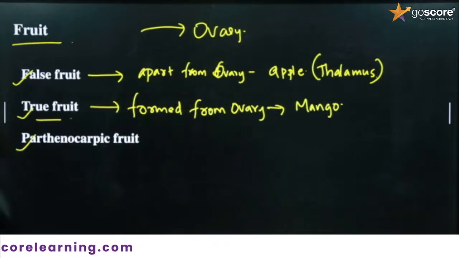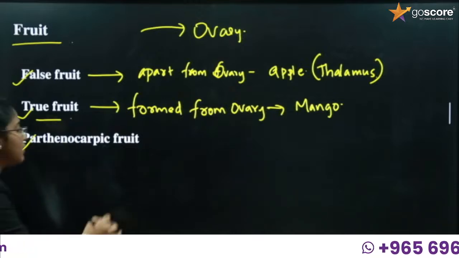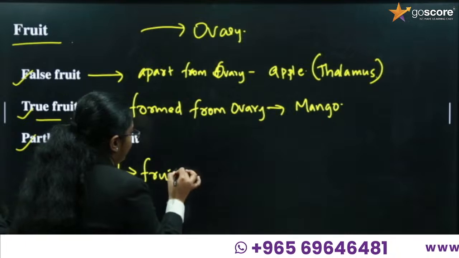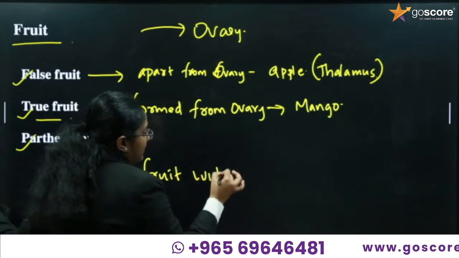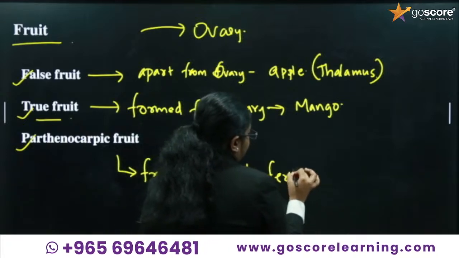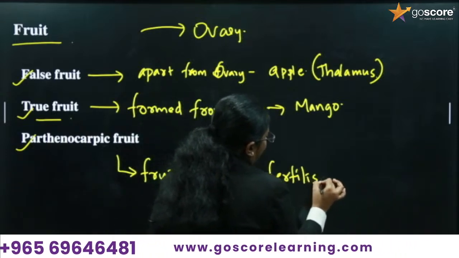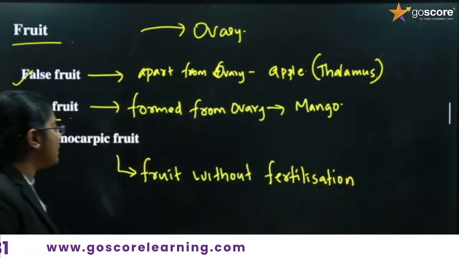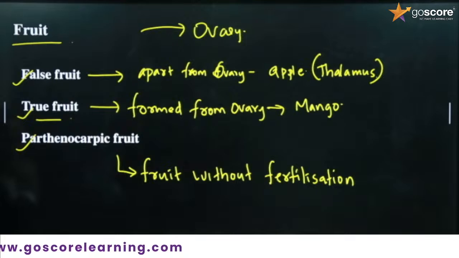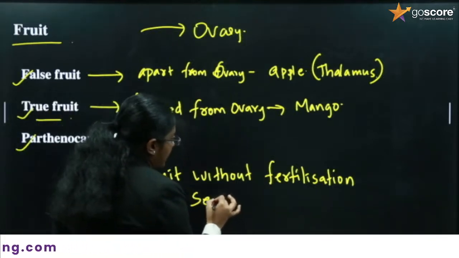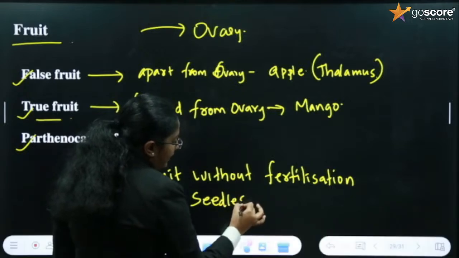Last one, it is parthenocarpic fruit. What is parthenocarpic fruit? It is the formation of fruit without fertilization. Fruit without fertilization is known as parthenocarpic fruit. And you have to remember that these fruits are always seedless fruit.